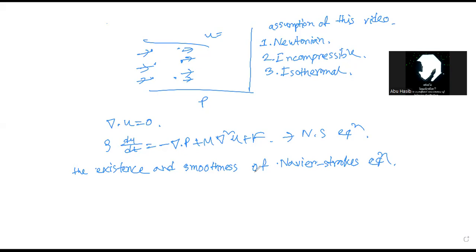So I'm going to draw a graph. Here is the viscosity and here is the shear rate. Newtonian is this flow, where there is no shear stress effect on viscosity.